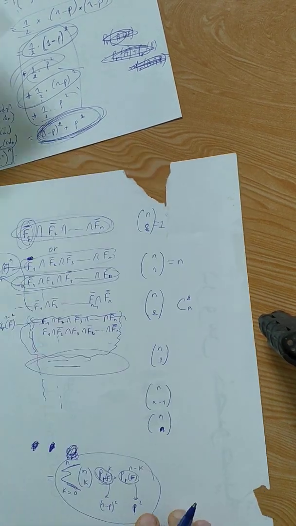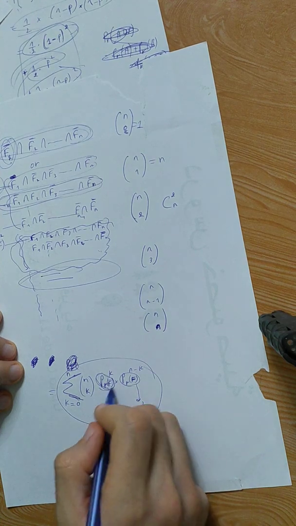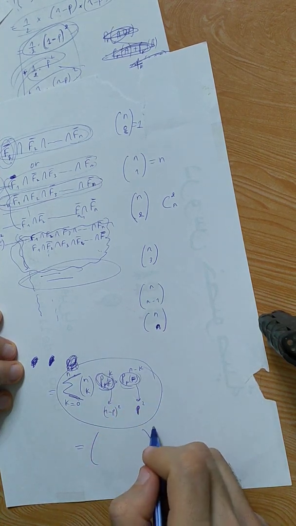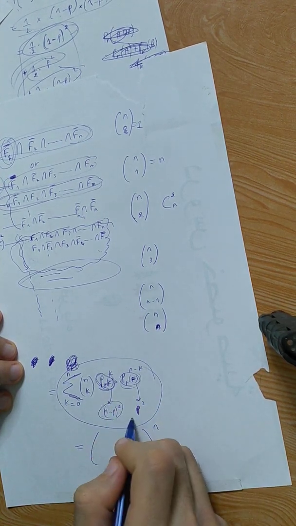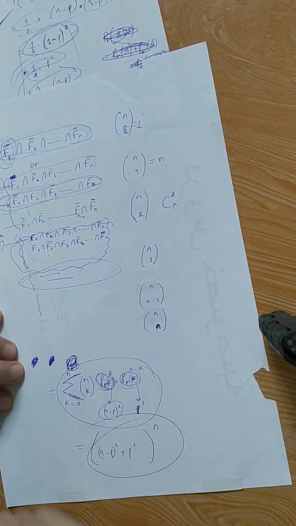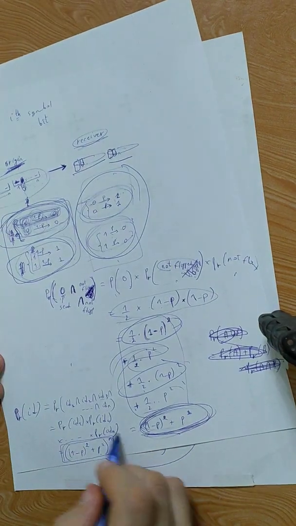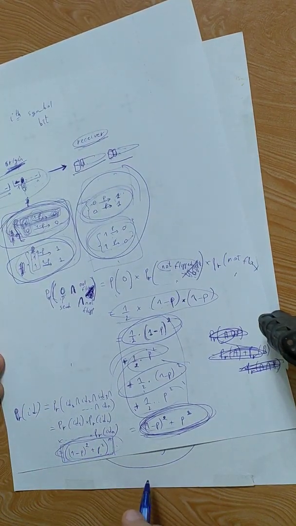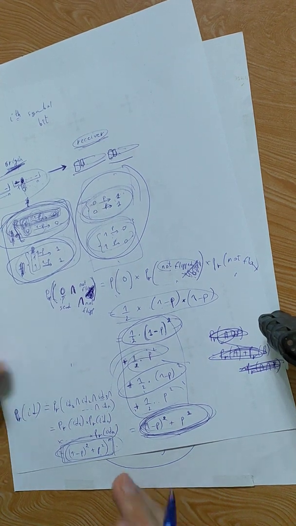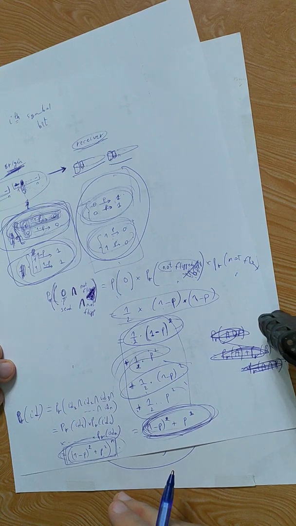Okay, I told you I spent hours on this. So it is this thing plus this thing, to the power n. This is the answer: 1 minus p squared plus p squared, to the power n, which is the same answer we got here. But what am I doing?